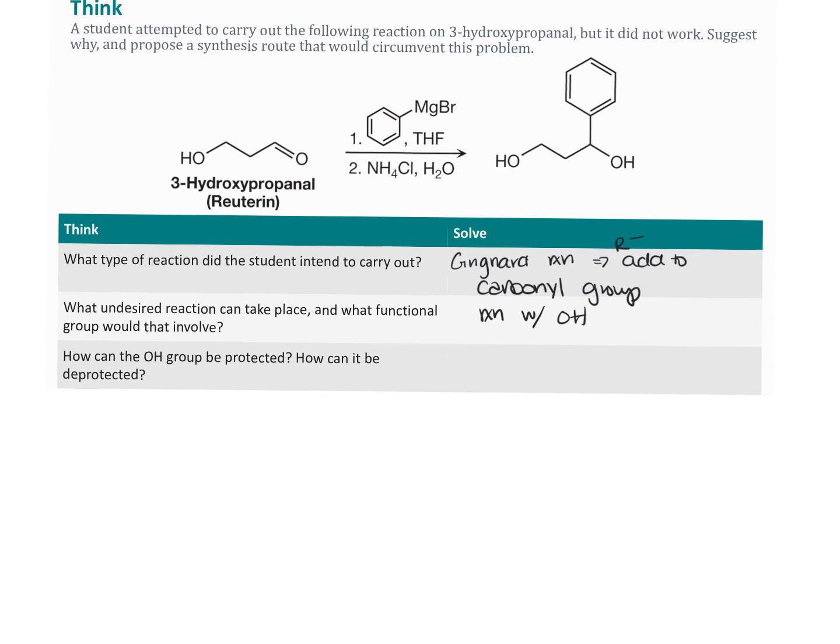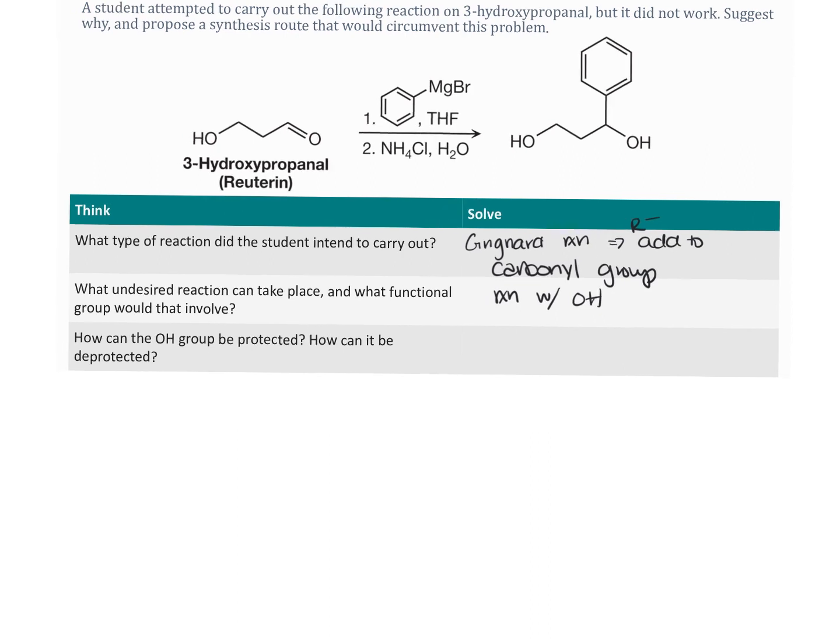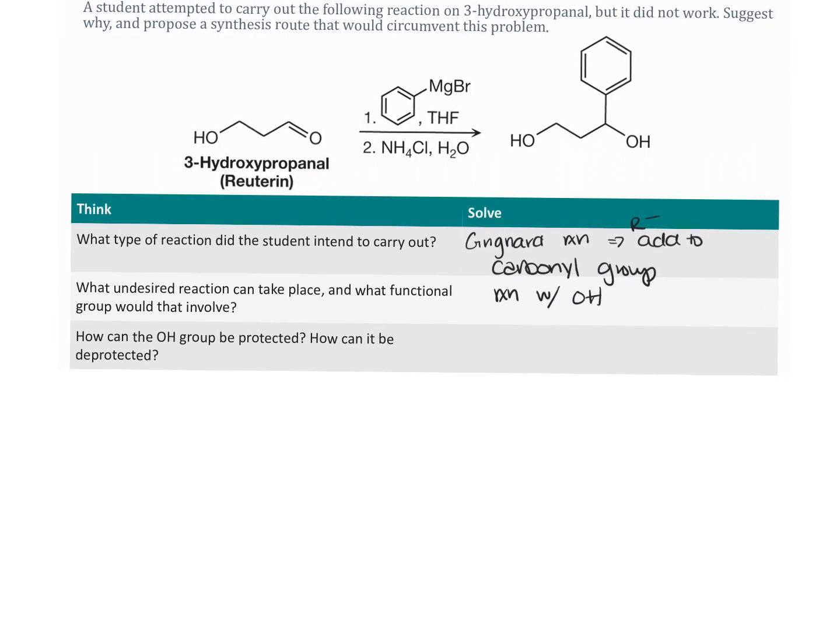One of the ways that we can protect the OH group is using dihydropyran, which is DHP. Now, DHP looks like this. So this is DHP, and that reacts under acidic conditions.